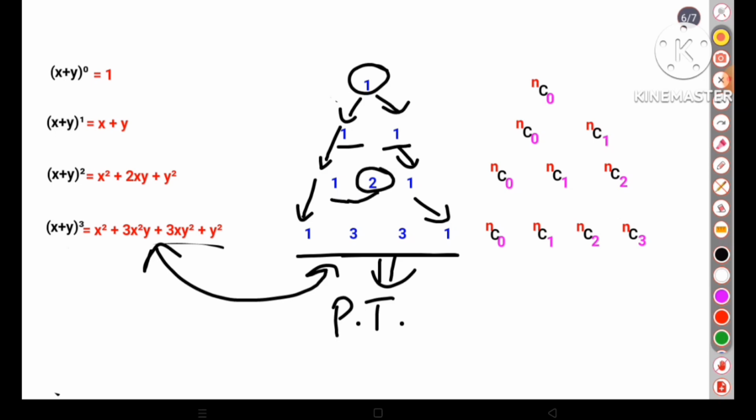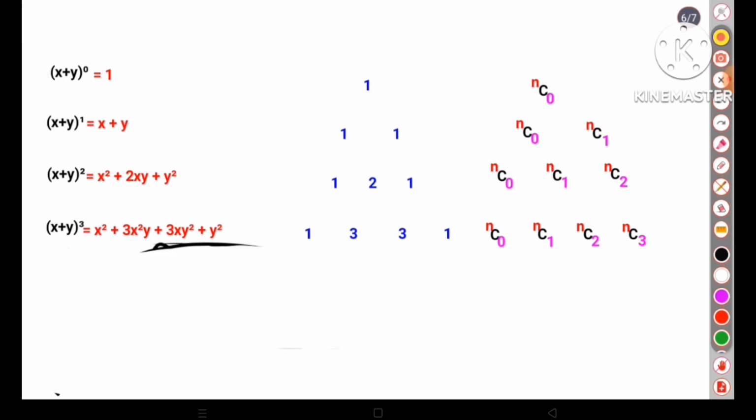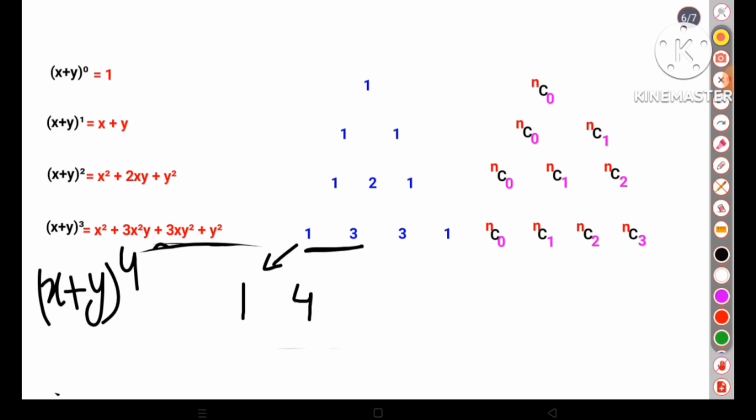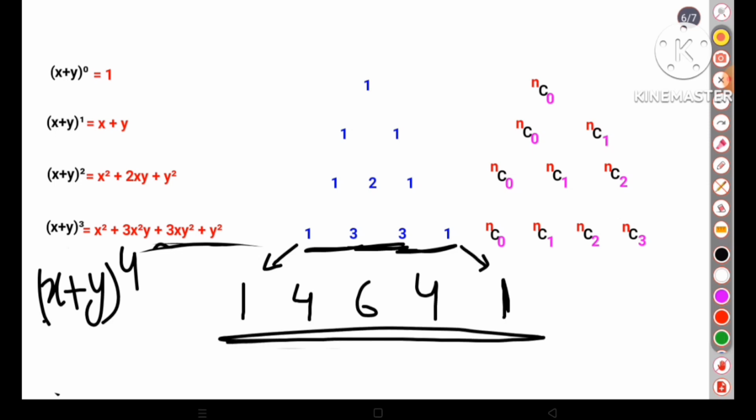Similarly, 1 plus 2 is equal to 3, again 2 plus 1 is equal to 3, and 1 here. So, if I have to write the coefficients of (x plus y) raised to the power 4, we can write it as: the 1 will be placed here, the next term will be the sum of these two terms, that is 4, the next term will be the sum of these two terms, that is 6, and the next term will be the sum of these two terms, that is 4, and the 1 will be written like this. This is the coefficient of this expansion.